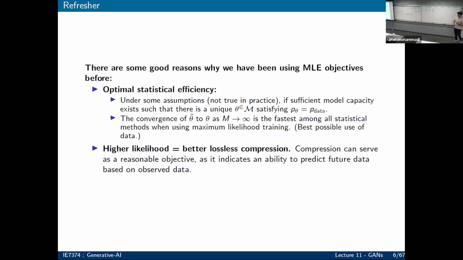The idea about maximum likelihood estimation is that, well, it's good. There's a reason that we are often using maximum likelihood estimation. One of them is called optimal statistical efficiency.